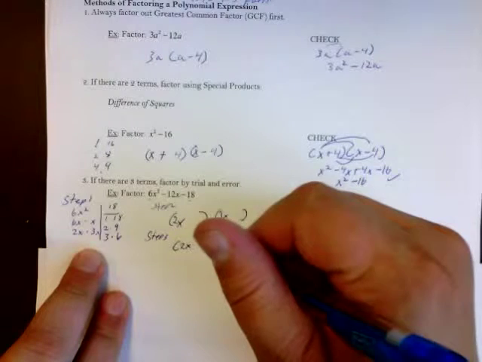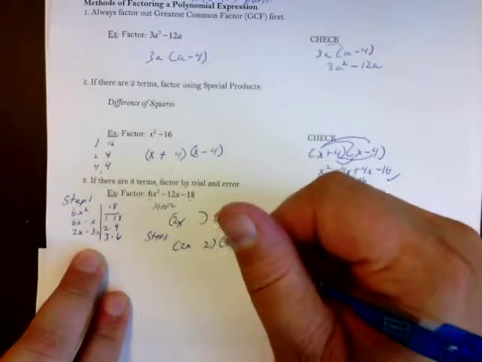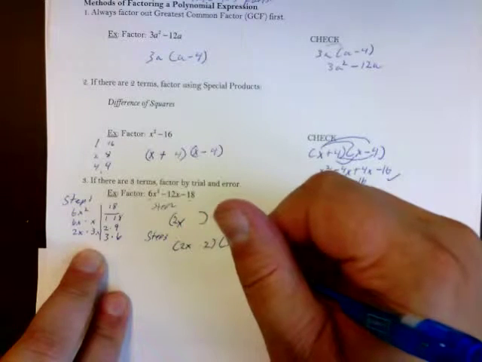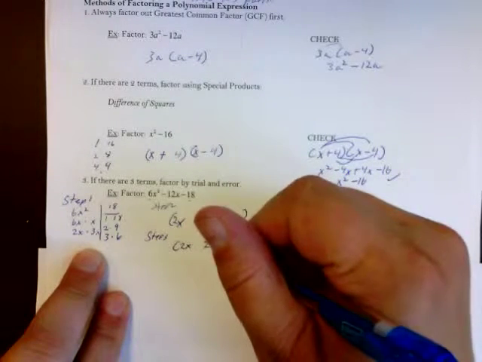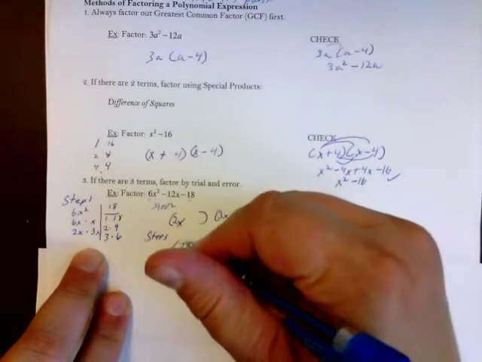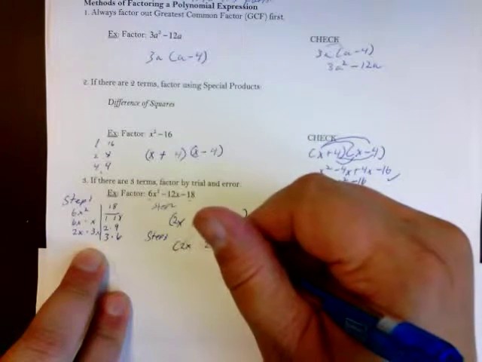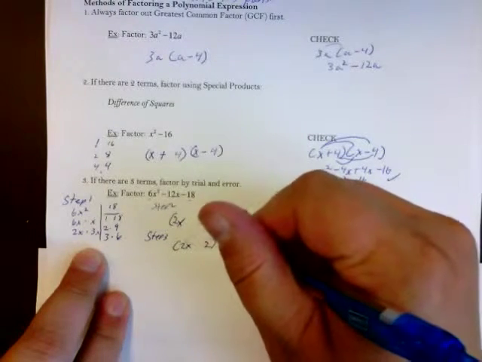So I have my 2 times my 3x, which is going to give me 6x. And then my 2x times my 9, which is going to give me 18x.